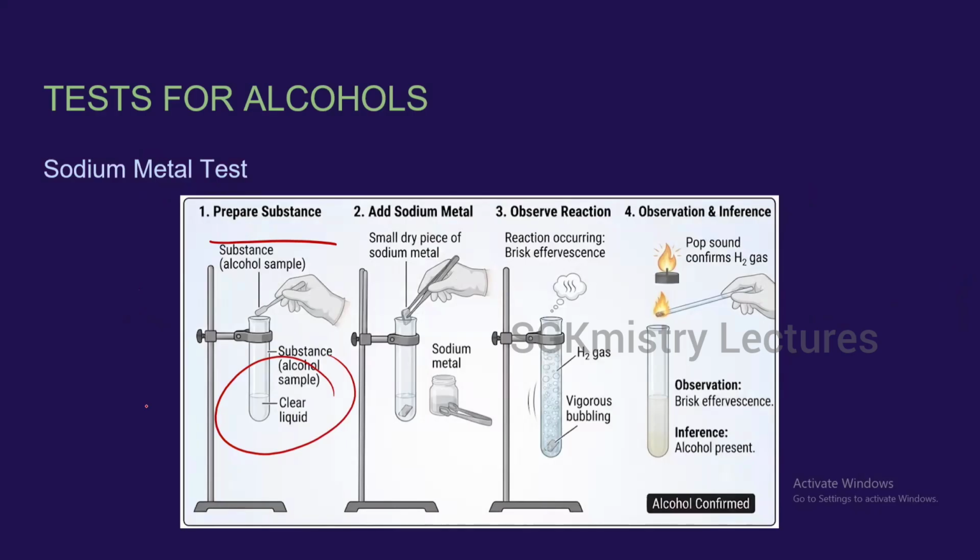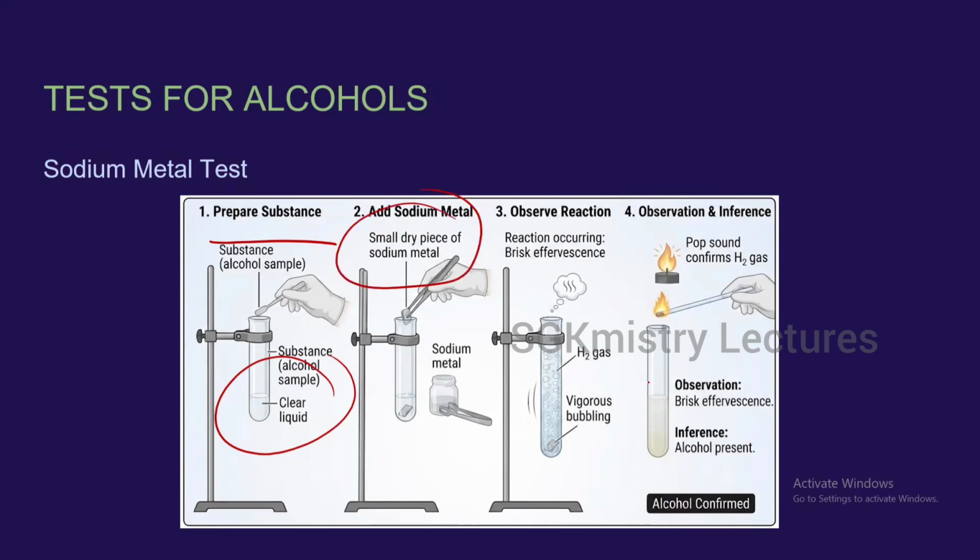Also, you are going to add sodium metal, which easily reacts with moisture, as you already know, because it is a highly reactive metal. For that sake, we have to take dry apparatus, dry glassware. So you take the substance in a dry test tube, and to this you add a small dry piece of sodium metal.